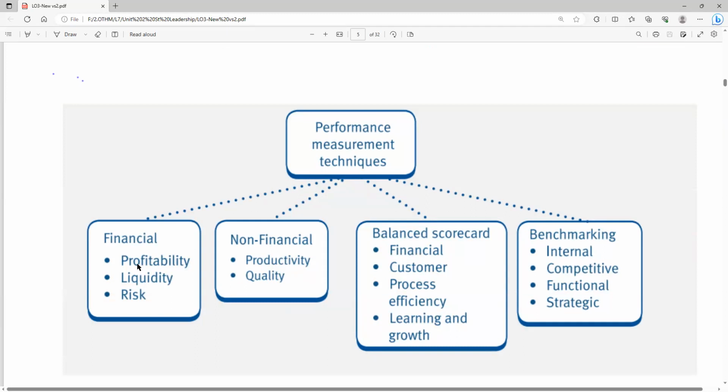We can use a number of ratios to measure profitability, liquidity, the usage of capital, and the usage of fixed assets in an organization.